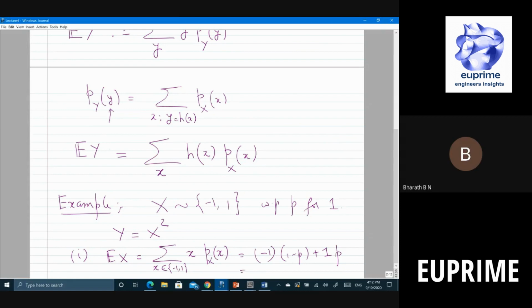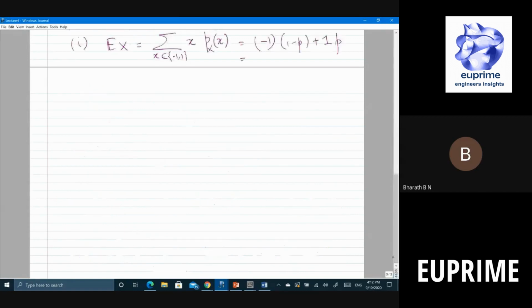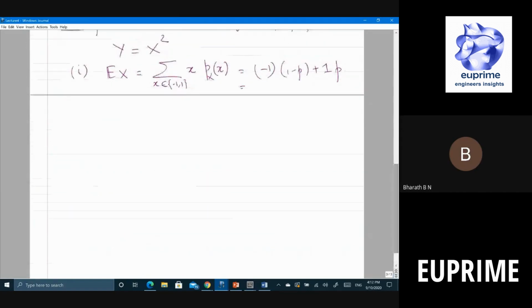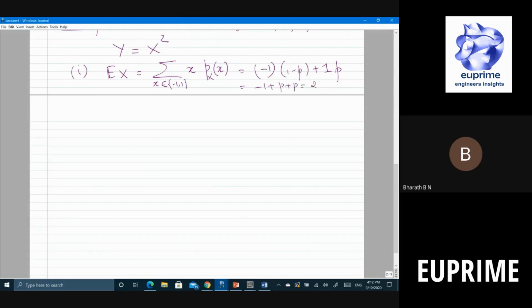So the p's cancel, and what is the answer here? Minus 1 plus p plus p, which is 2p minus 1. Is this fine? This is your average.